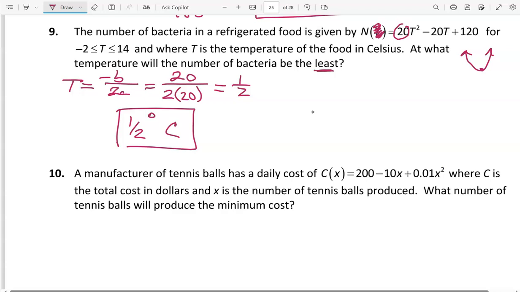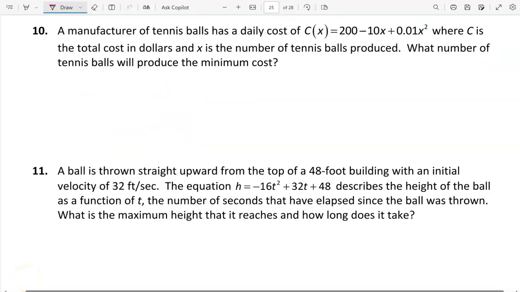The manufacturer of tennis balls in number 10 has a daily cost of C of x equals 200 minus 10x plus 0.01x squared. And C is a function which is the total cost in dollars. Again, if you don't like that function notation, you can just think of it as C equals 200 minus 10x plus 0.01x squared. So x is the number of tennis balls produced. What number of tennis balls will produce the minimum cost?